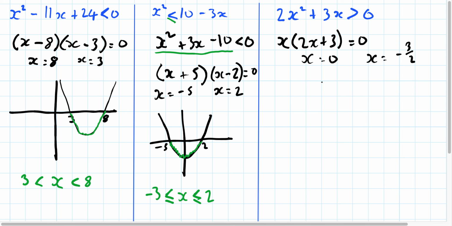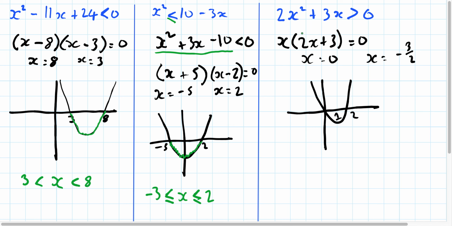So I'll draw my graph again. I have 0 here. So my graph is going to look something like this. Whatever, a rough sketch.